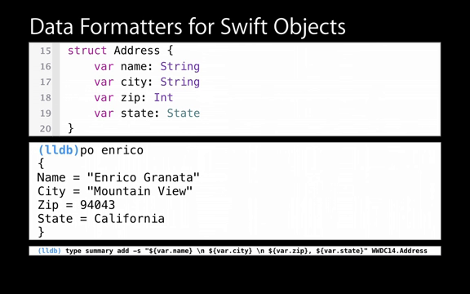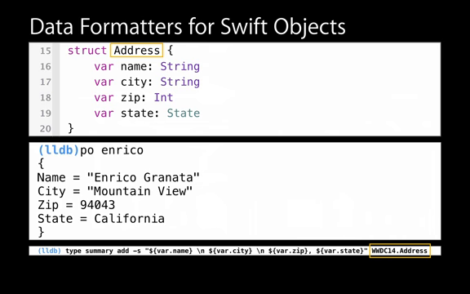And so we can tell lldb, you should use the variable's name, you should use the name of the person, you should use the city, and separate those two by a new line since you're at it. Now, put another new line in there for me, will you? And write the zip code. And then, after a comma and a space, can you please put the state? This is the US address format, basically. And we're saying, use that for the address object.